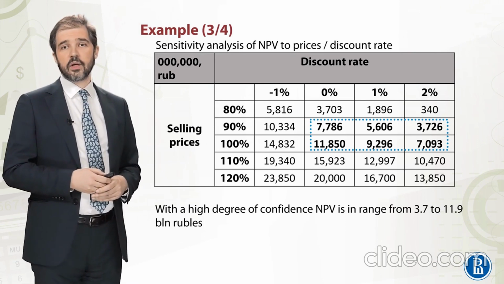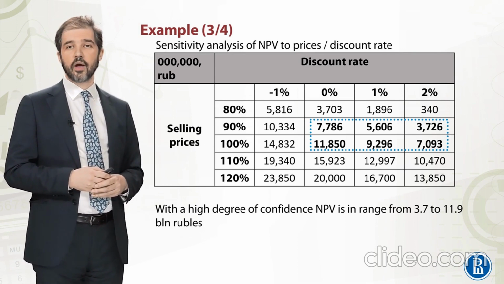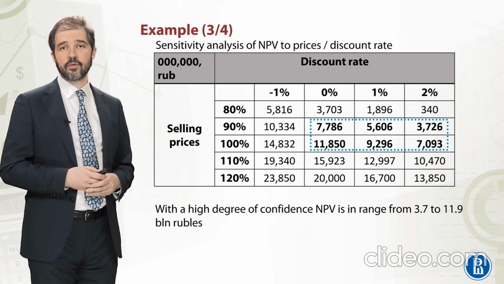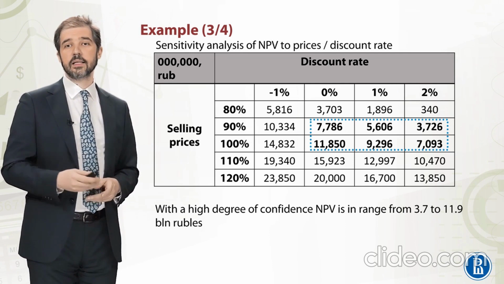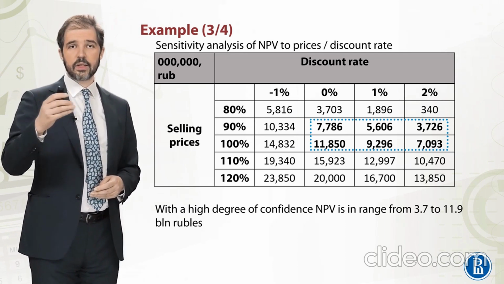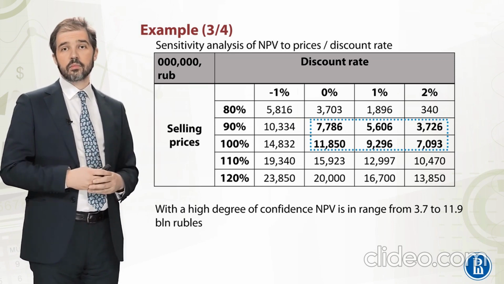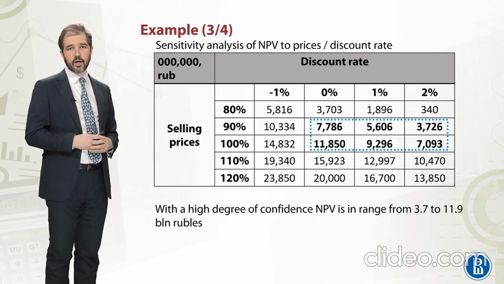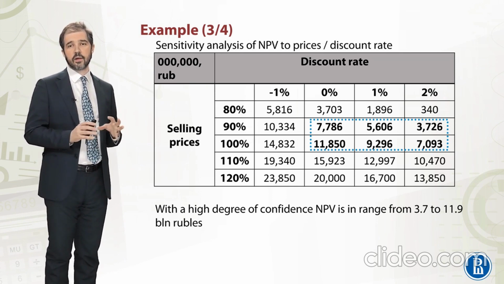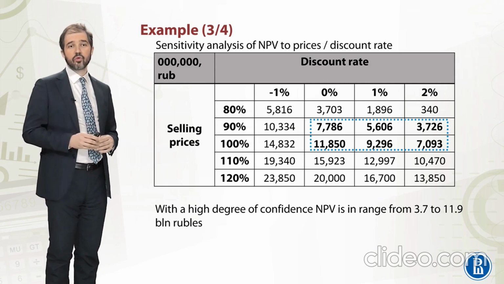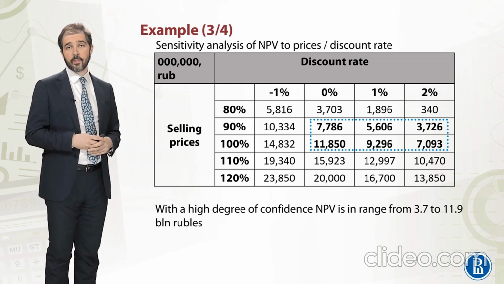And here we have just a similar example to the previous table, where we have changes in discount rate, changes in selling prices, and finally we say that the reasonable range of fair value or NPV of this project is somewhere within 3.7 to 11.9 billion rubles.